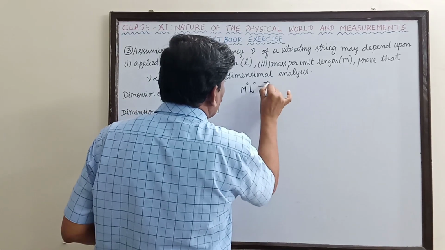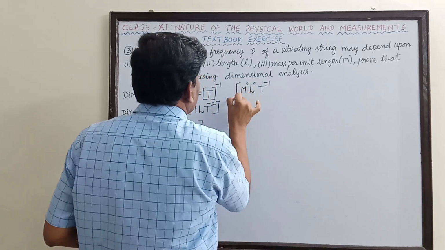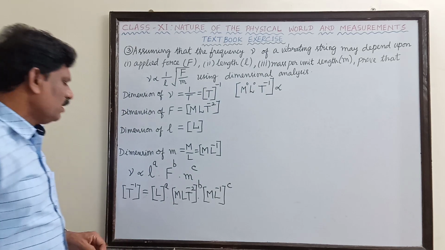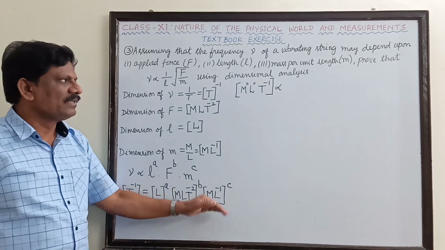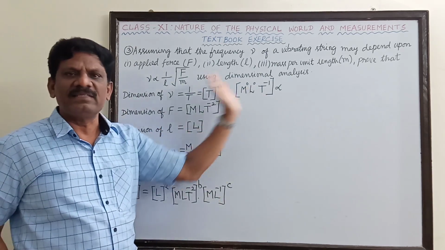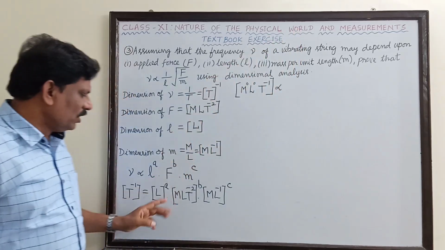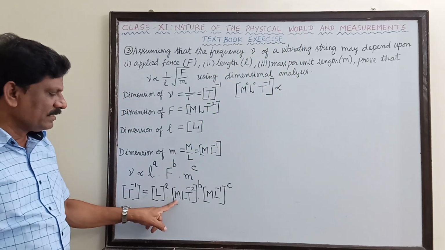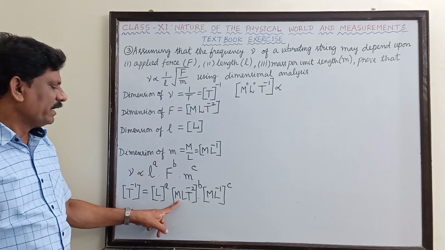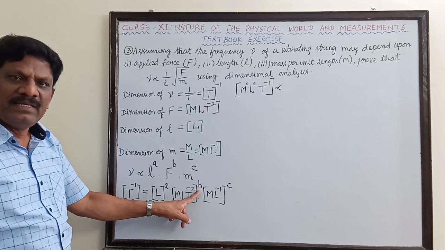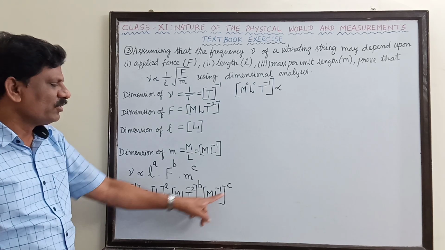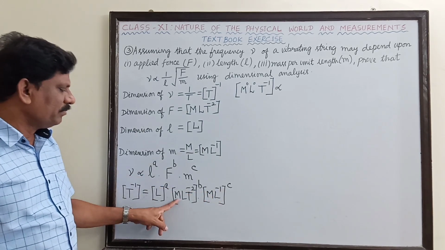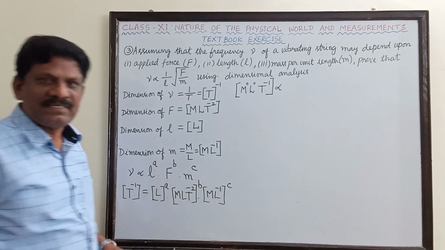Now all three factors on the right I am going to write in the same order: M, L, T. Look at the first bracket: there is no mass term, and here there is a mass term M raised to the power b, and here M raised to the power c. Therefore, totally M is raised to the power b plus c.